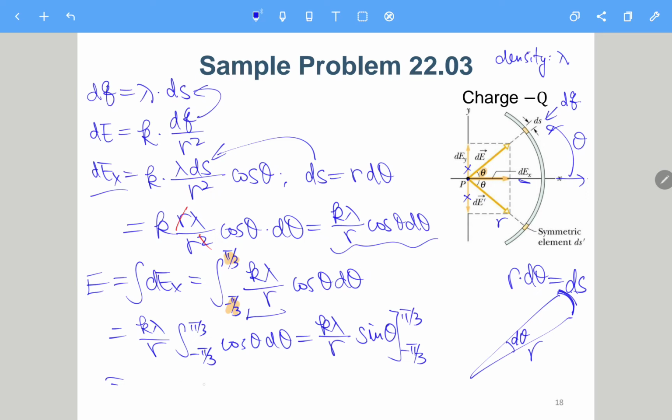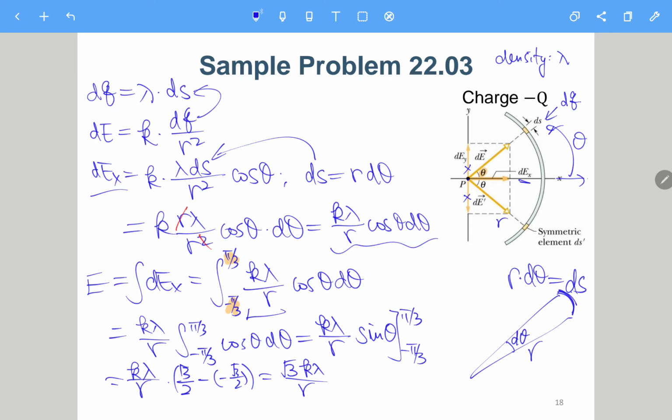So let us just keep this k lambda over r here, and then we have sine of pi over 3, which is square root of 3 over 2, minus negative square root of 3 over 2. So altogether we have square root of 3 k lambda over r.